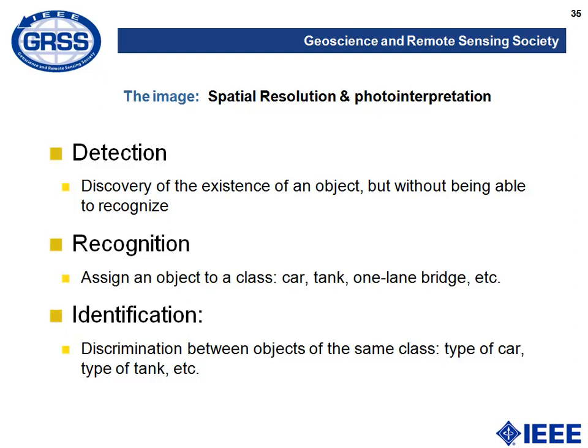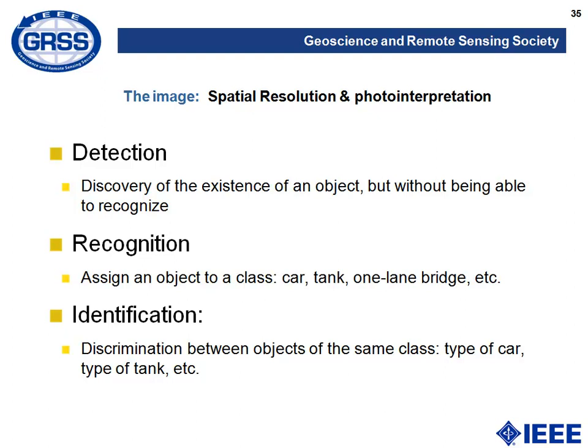So let us define the following concepts: detection, discovery of the existence of an object but without being able to recognize it; recognition, assigning an object to a class, or identification, discrimination between objects of the same class.